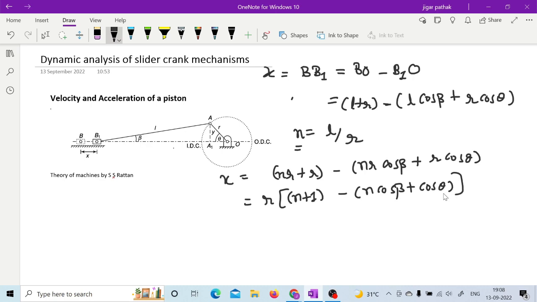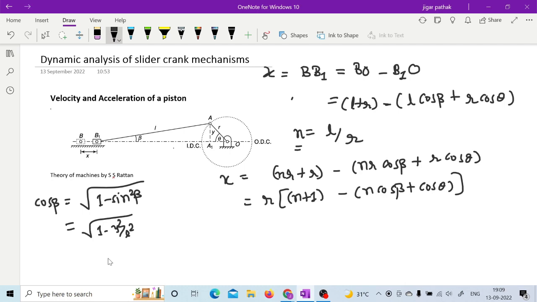Now if you are interested in finding the value of cos beta, then going by the geometry of the figure, cos beta can be given by the square root of 1 minus sin squared beta. Now if you see the figure clearly, sin beta in this triangle A1B1 is given by y by L. So you can write 1 minus y squared by L squared.